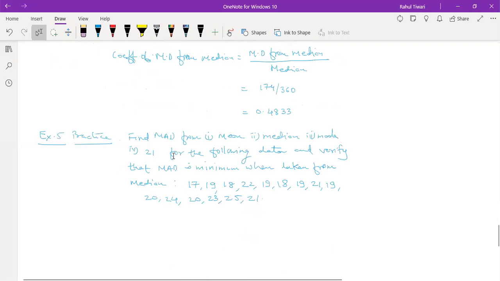That means 21 is one observation given to you, meaning a constant value is given. Find all the answers and verify. What does it say? Verify. Verify means we have to prove that MAD is minimum. That means mean deviation is minimum. Mean absolute deviation is minimum when taken from mean, taken from median, taken from median. So whenever you consider the data, and you're considering the median and the rest of the central tendencies like mode etc. or any number, we can verify that the MD from the median is always minimum.